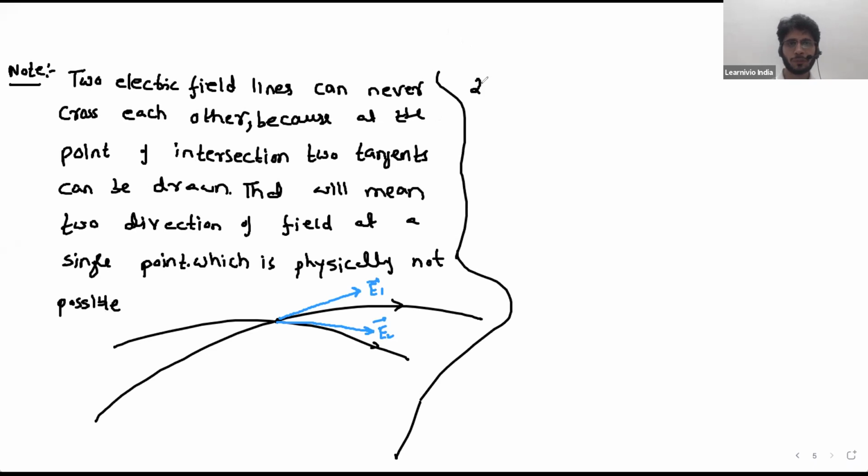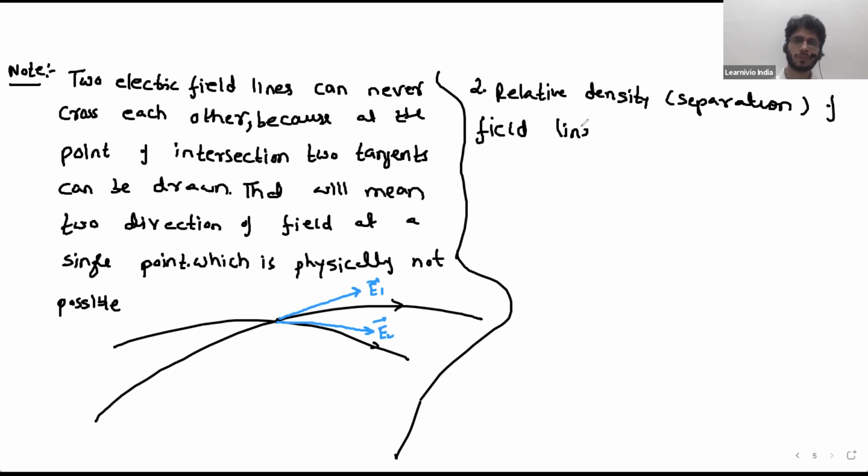Next, move on to the second property. The first property tells you about the direction of field. The second property will tell you about the magnitude of field. So the second property says relative separation or relative density or separation of field lines gives the strength of electric field.